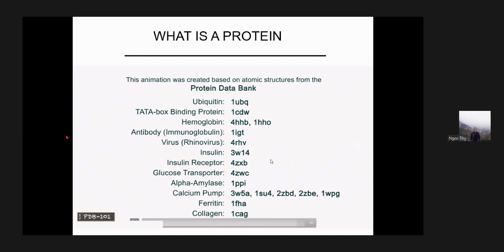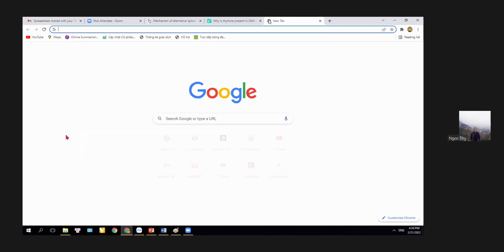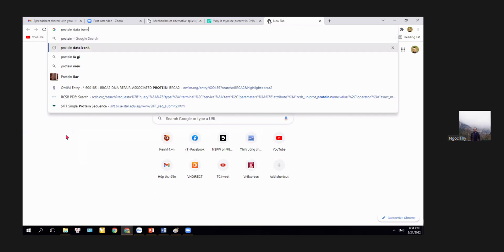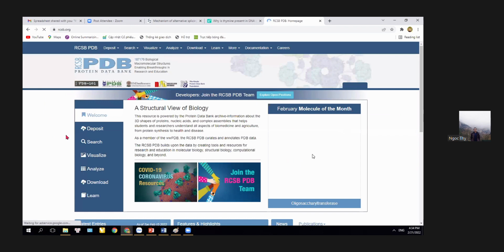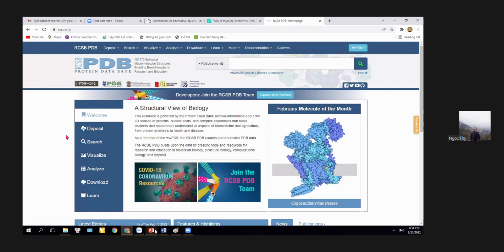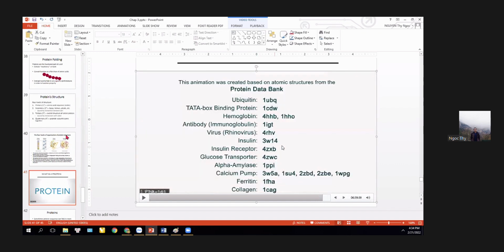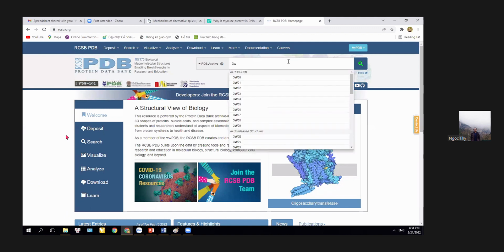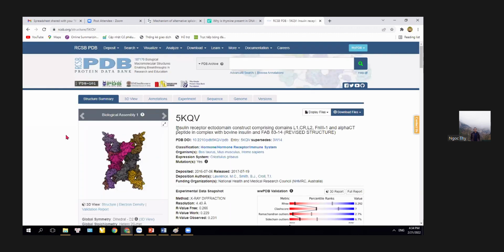So let's take, for example, I'm going to the protein data bank. Here, the RCSB page. And I type Y14.